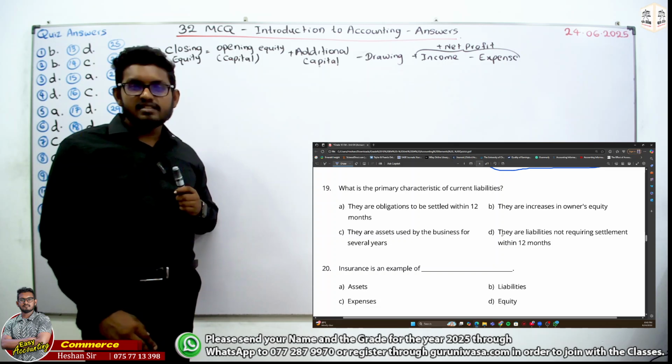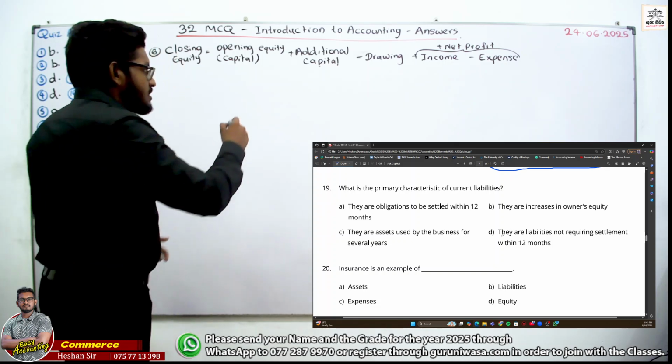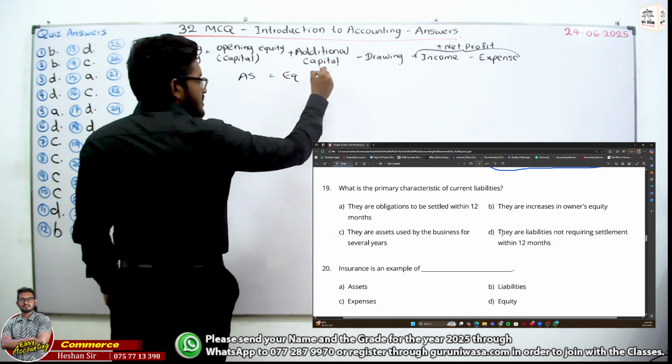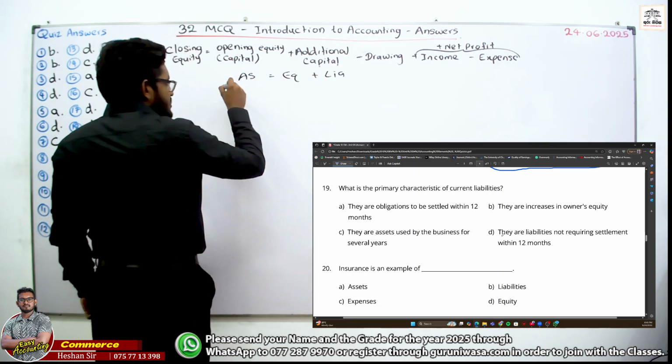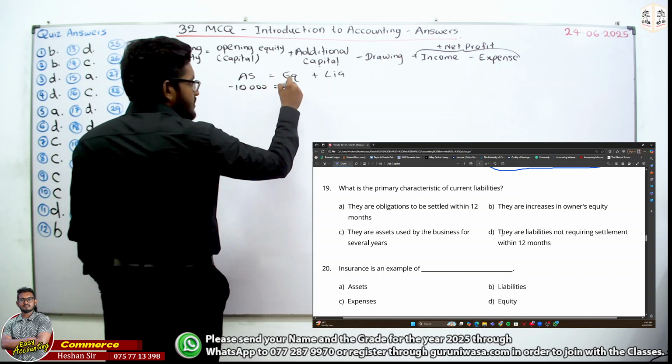It is an expense. Insurance means expense. Don't get confused. It is written in the accounting equation as equity plus liability. When paying insurance, 10,000 given, assets decrease 10,000 and equity decreases 10,000.